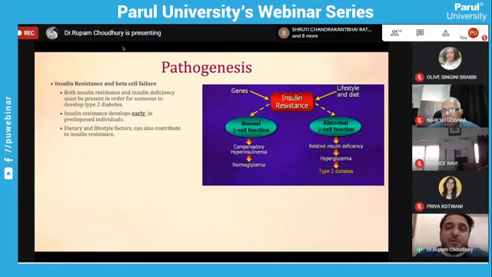But when you have some amount of beta cell failure along with the insulin resistance, as on the right hand side, relative insulin deficiency will be there, and we'll have hyperglycemia and overt type 2 diabetes mellitus. So there are two aspects: a slow degradation of beta cell mass along with insulin resistance. The patient will have evident hyperglycemia and type 2 diabetes mellitus.